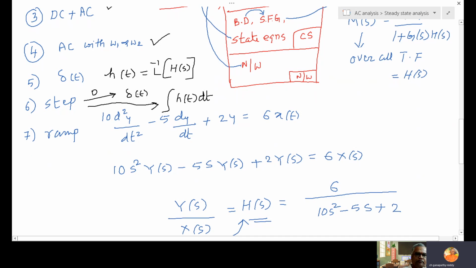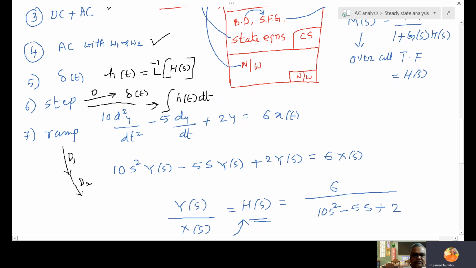To get the impulse, you need to differentiate one time. But what we are looking for is the step response, so integrate the impulse response. Integration of the impulse response is nothing but the step response. But how do you get h of t? L inverse of H of s, integrate, and straight away you get the step response. If the input is a ramp, first differentiate one time, then differentiate a second time.